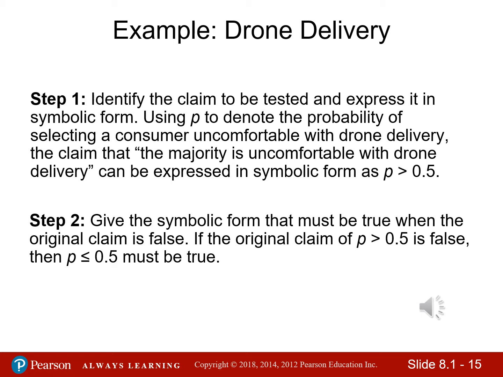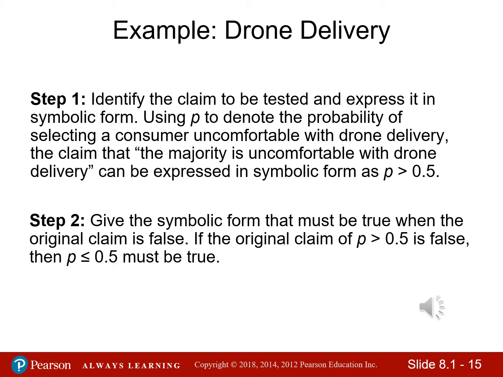Given the claim that the majority of consumers are uncomfortable with drone delivery, we can apply steps 1, 2, and 3 as follows. Step 1. Identify the claim to be tested and express it in symbolic form. So using P to denote the probability of selecting a consumer uncomfortable with drone delivery, the claim that the majority is uncomfortable with drone delivery can be expressed in symbolic form as P is greater than 0.5.